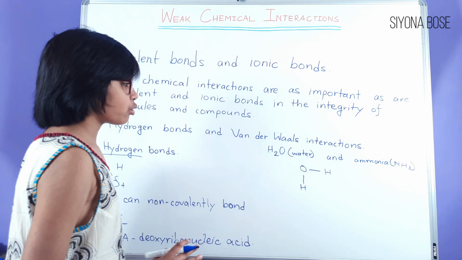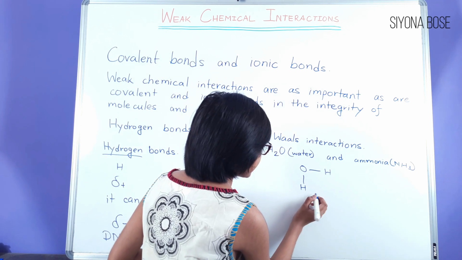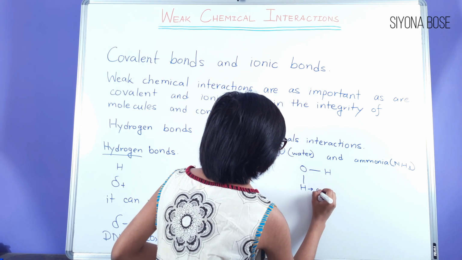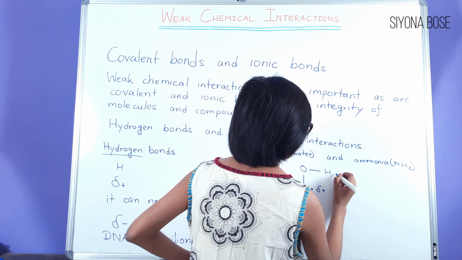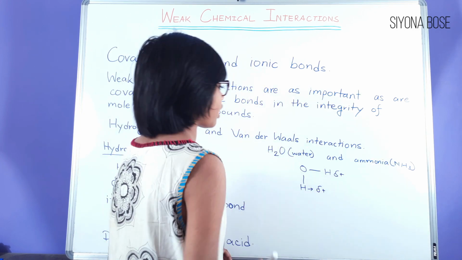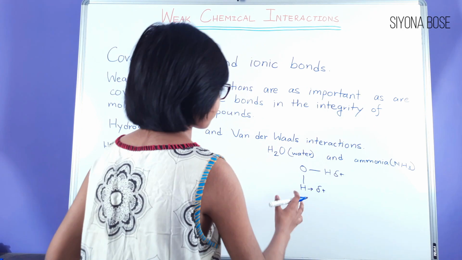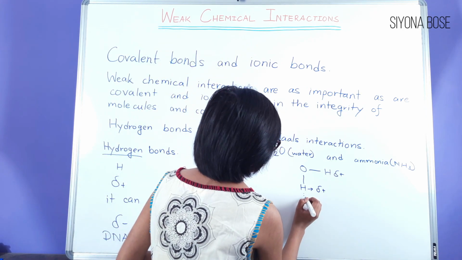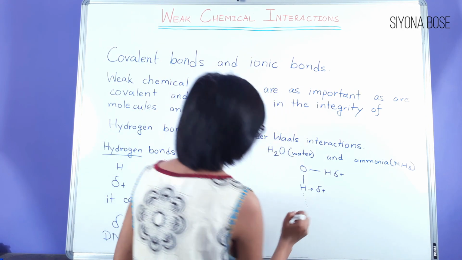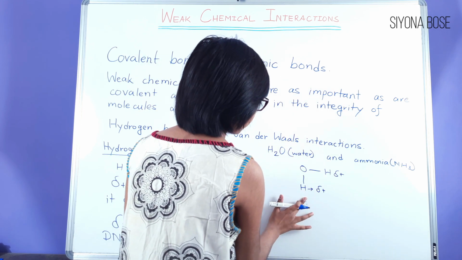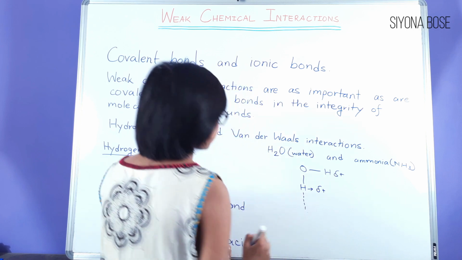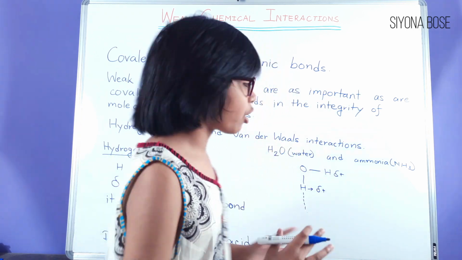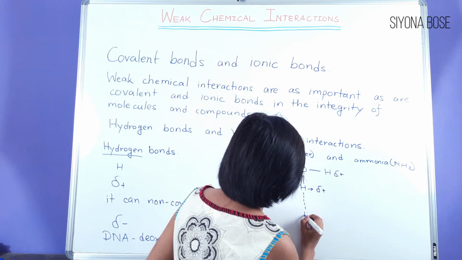This is H2O. This hydrogen, which has the partial positive charge, can also hydrogen bond with anything else, but I'm showing it with this. This solid line is a covalent bond. This dotted line represents that it is a hydrogen bond with the ammonia.